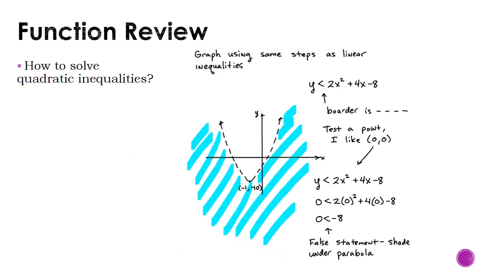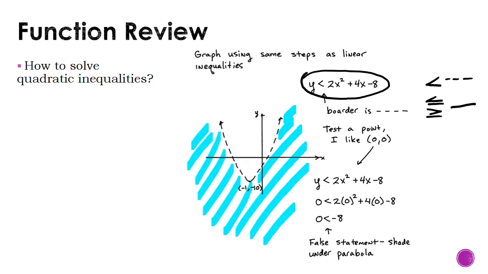Last quick review is talking about quadratic inequalities. To start off with a quadratic inequality, just treat it as a quadratic. You've got your function of 2x squared plus 4x minus 8. We can graph that no problem. If it is just less than, it's a dotted line. If it's less than or equal to, or greater than or equal to, it's a solid line. So this graph, you'll notice, has a dashed line. Then you have to decide which side you want to shade.